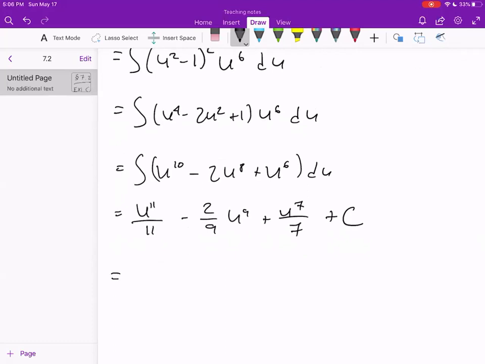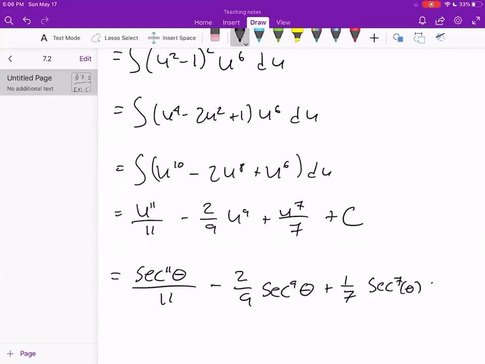I'm going to plug back in for u, and remember we let u equal secant theta. So we get 1/11 secant to the 11th theta minus 2/9 secant to the 9th theta plus 1/7 secant to the 7th theta plus my arbitrary integration constant. And that will be my final answer.